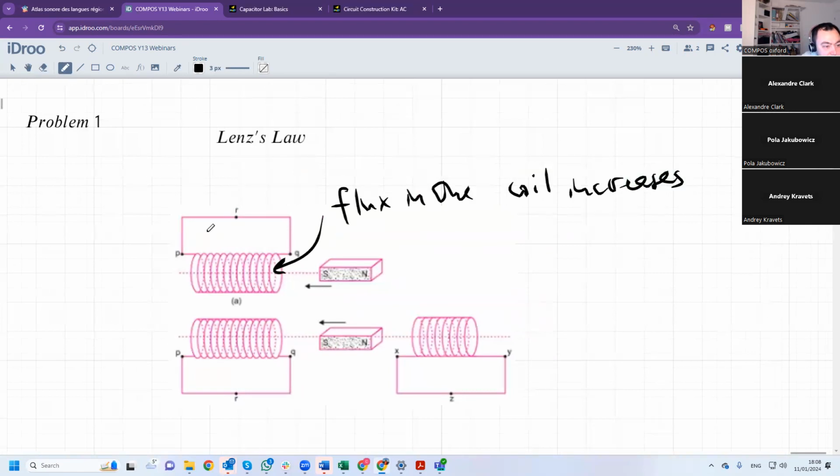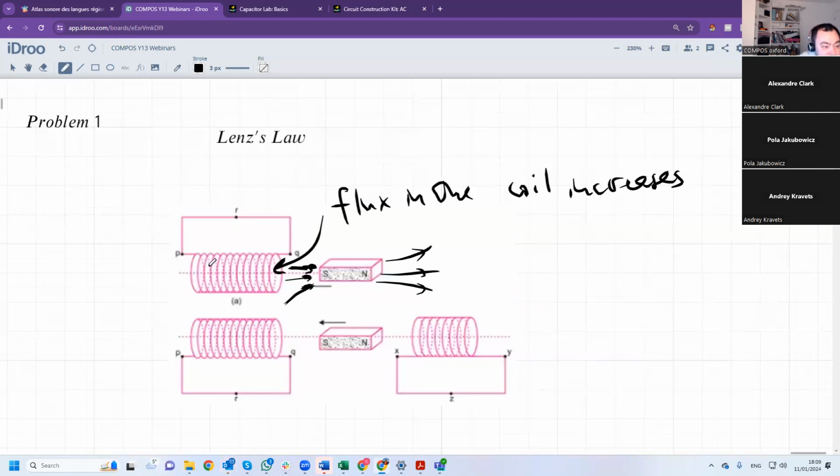And we know the field from the magnet goes this way. So a current will be induced in the coil in order to counter that. So the current in the coil would be in a direction such as to oppose the change that induced the current in the first place.